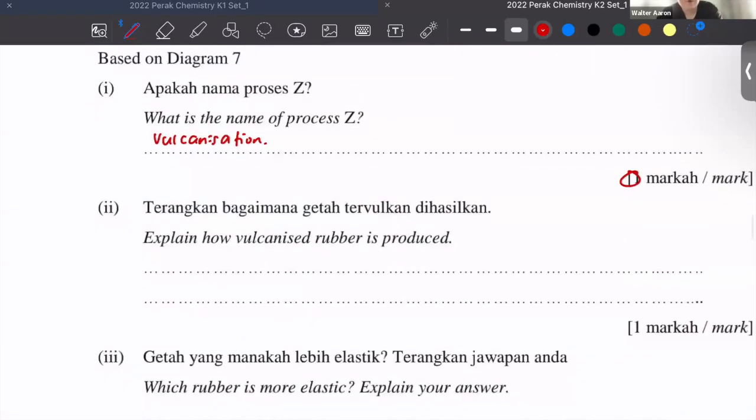Okay, so explain how vulcanized rubber is produced. 1 mark. It's very easy. You can say that we can immerse natural rubber into sulfur dichloride solution.